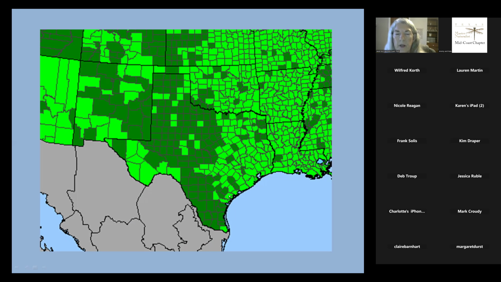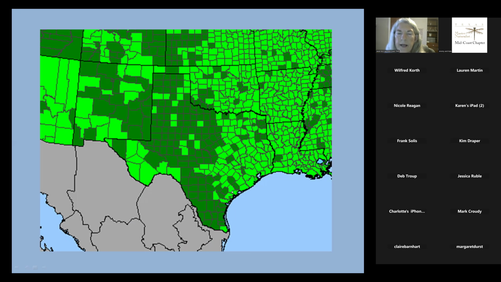So here's DeWitt County. The Solidago altissima is native to DeWitt County. Here's Victoria. It's not showing as being native to Goliad, but it's so close that if you planted it in Goliad, I'm sure it's going to grow fine.